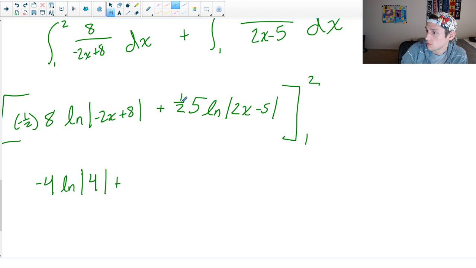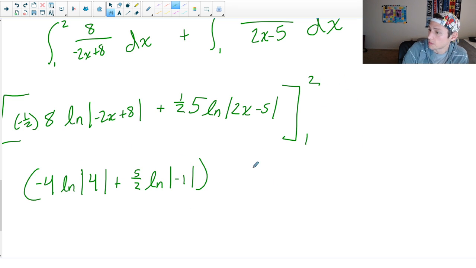Plus 1/2 times 5, 5/2. Natural log, 2 times 2 is 4. Four minus 5, absolute value of negative 1. Okay, so this is all just from plugging in the upper bound. So then I subtract and plug in the lower bound.